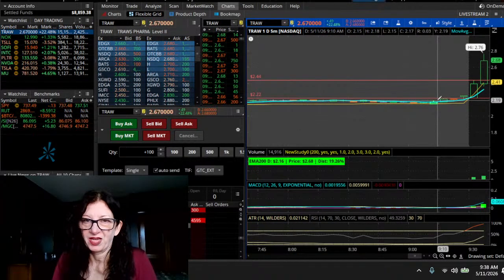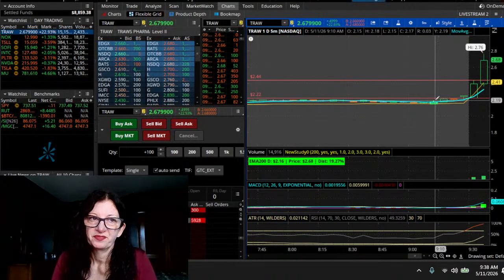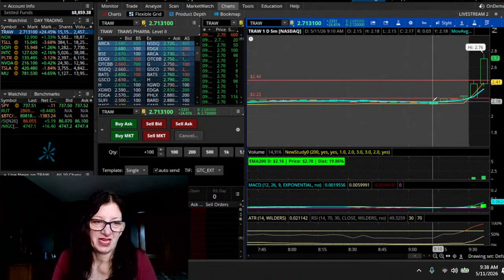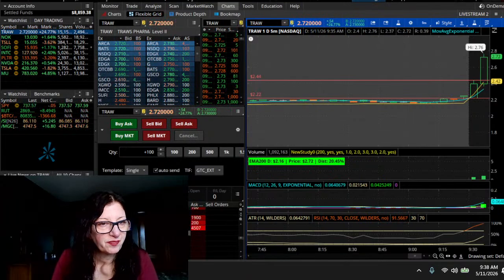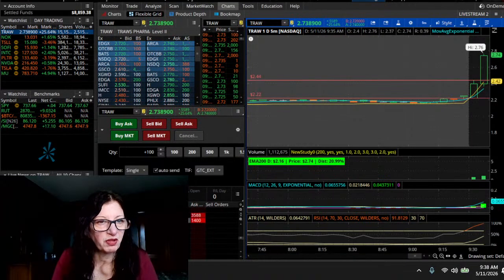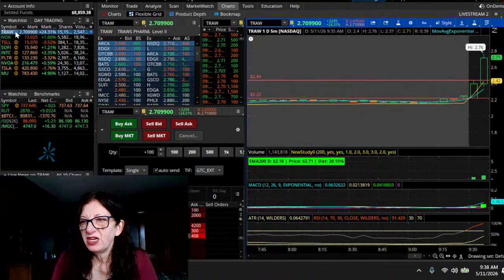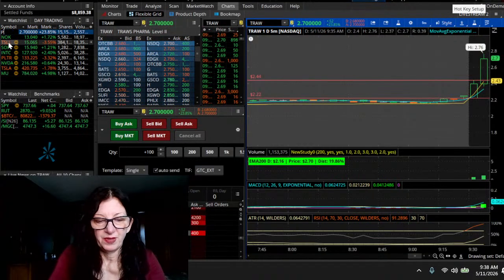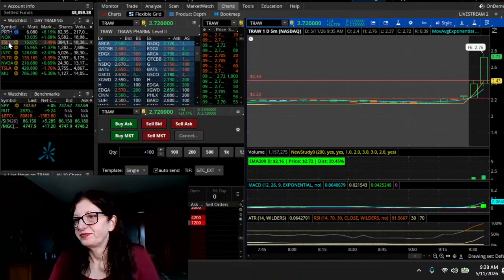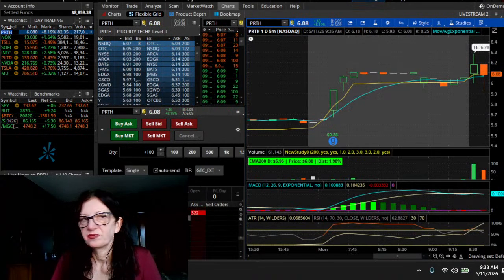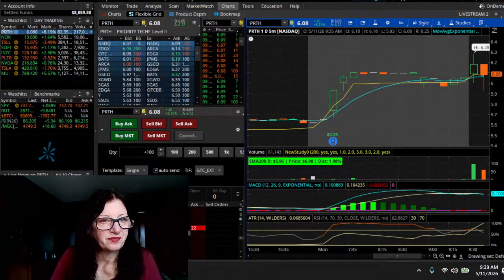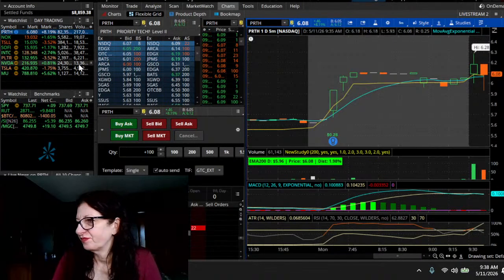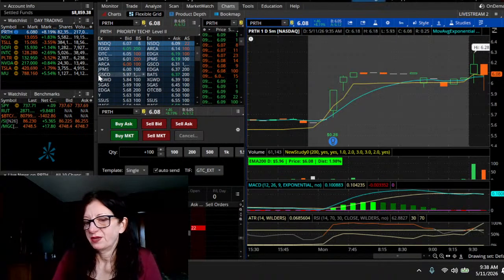But this is a small cap, I think. And the relative volume isn't there yet. PRTH. The float's higher than I normally would look at, but no.